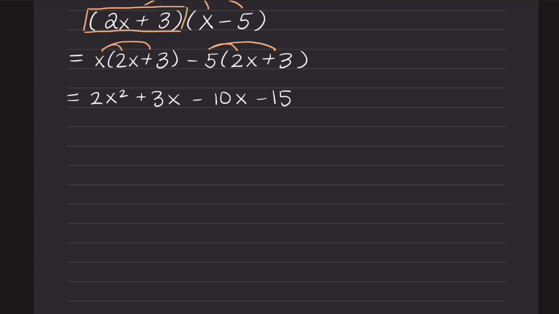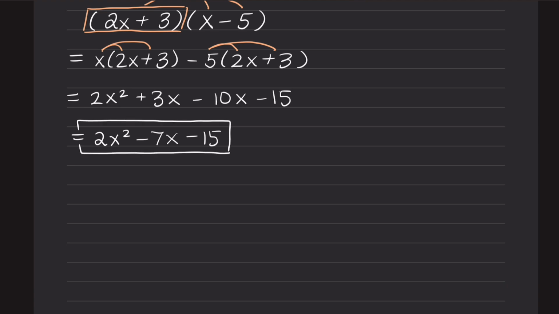And then we could combine like terms and end up getting 2x squared minus 7x minus 15. And this would be our distributed and simplified polynomial in standard form.